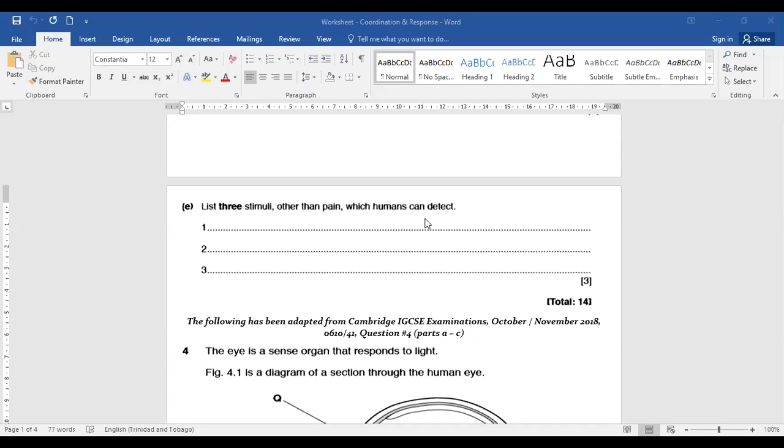Heat, touch... Right, so heat and cold and stuff, those will fall under temperature. Very good. We have sound, we have taste, light, we have all of that, right? Very good. So that's an easy 3 marks question there for you.